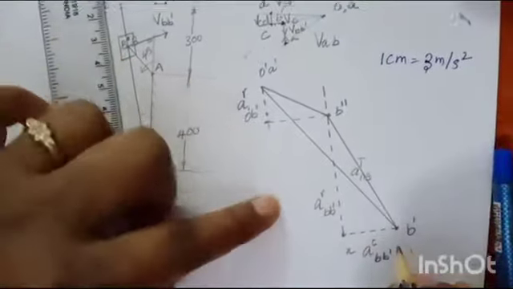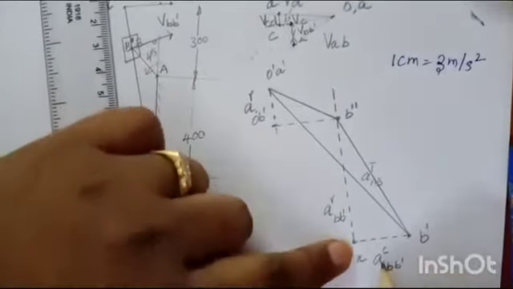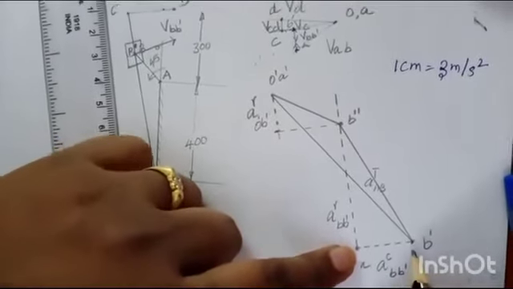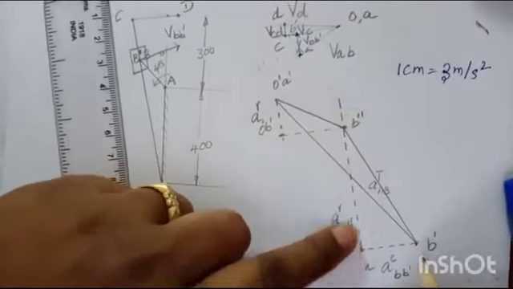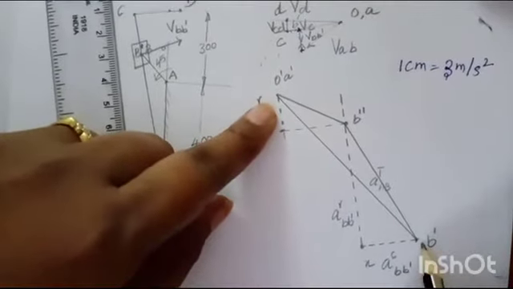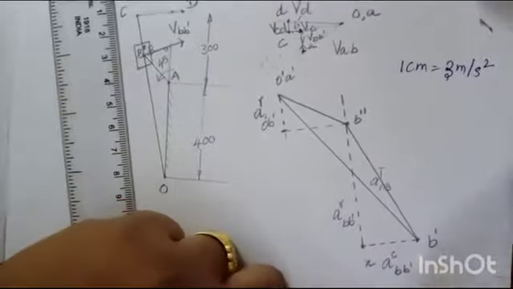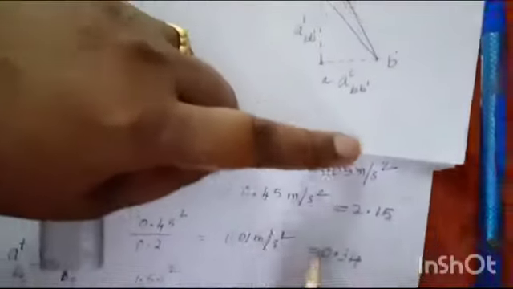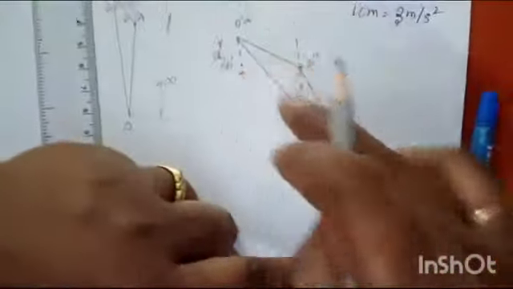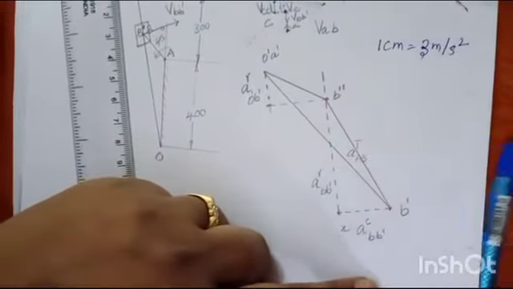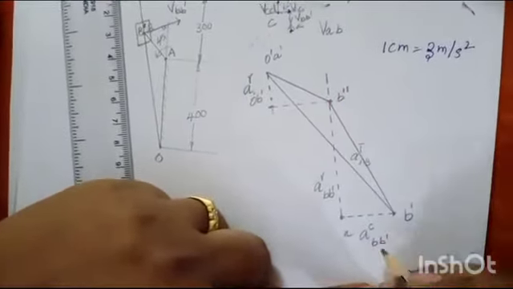So I will repeat the same here. Coriolis component, you will get from this 2V omega. So this B double dash depends on slider B as well as the slotted lever. So the lever also, AROB dash you have. So from this you just calculate it. So two component points you have to combine together, then you will get this coincident point acceleration. So ACBB dash you have calculated from this.